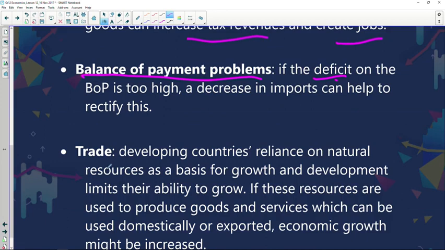And then when we look at trade, developing countries' reliance on natural resources as a basis for growth and development limits their ability to grow. If these resources are used to produce goods and services which can be used domestically or exported, economic growth might be increased. So we know that we rely on our natural resources in order to grow our economy.